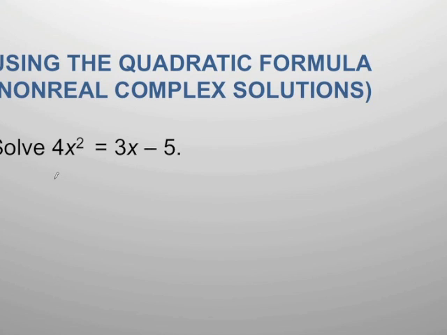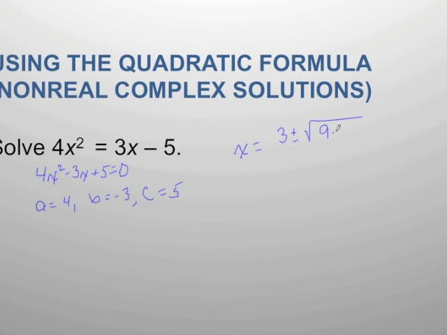Another problem to try, we'll get it in standard form. 4x squared minus 3x plus 5 equals 0. a equals 4, b equals negative 3, and c equals 5. So x equals negative b, that will make it a positive 3, plus or minus the square root of b squared.